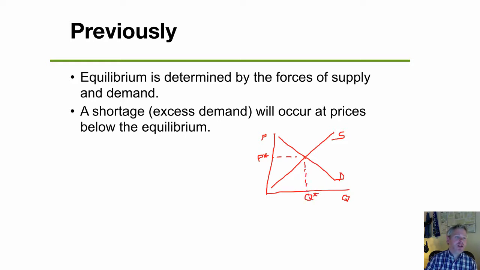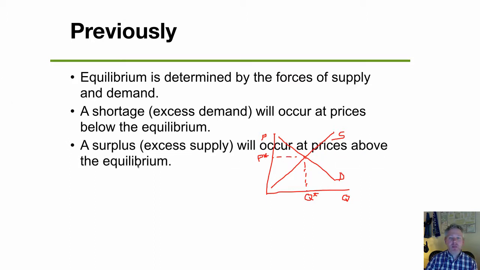But if for some reason the price is below the equilibrium price, you will have a quantity supplied that does not equal the quantity demanded, and that is our shortage. The quantity demanded will be up here, the quantity supplied down here, and that's where you get a shortage.